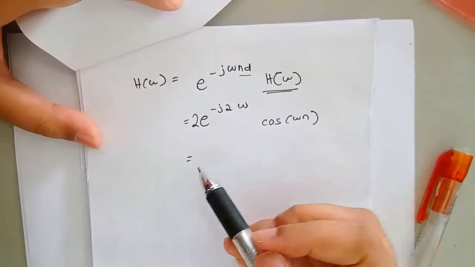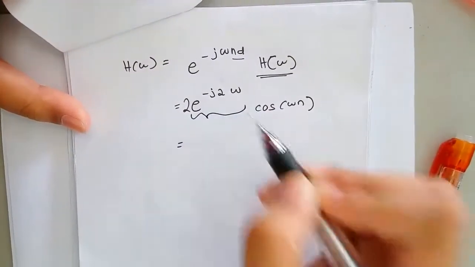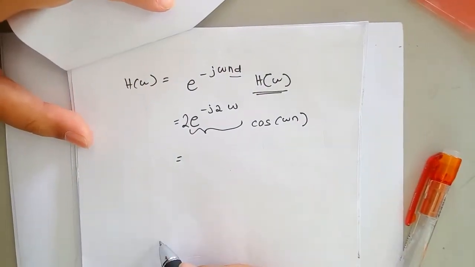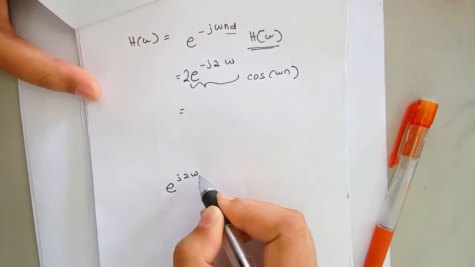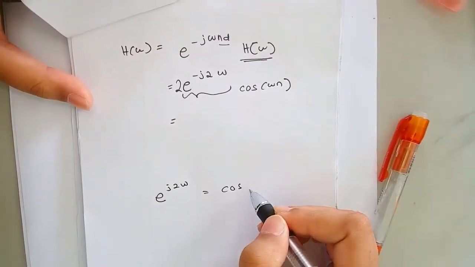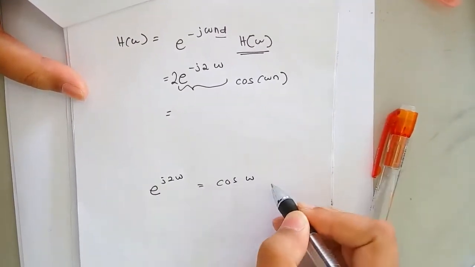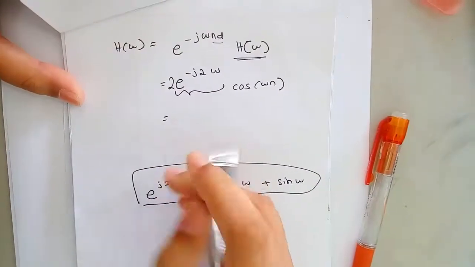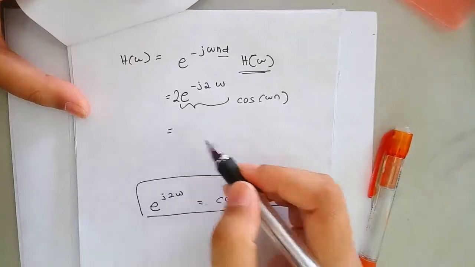Then we expand this. Using Euler's formula, where exponential j 2 omega equals cos 2 omega plus j sine 2 omega, we substitute and expand.